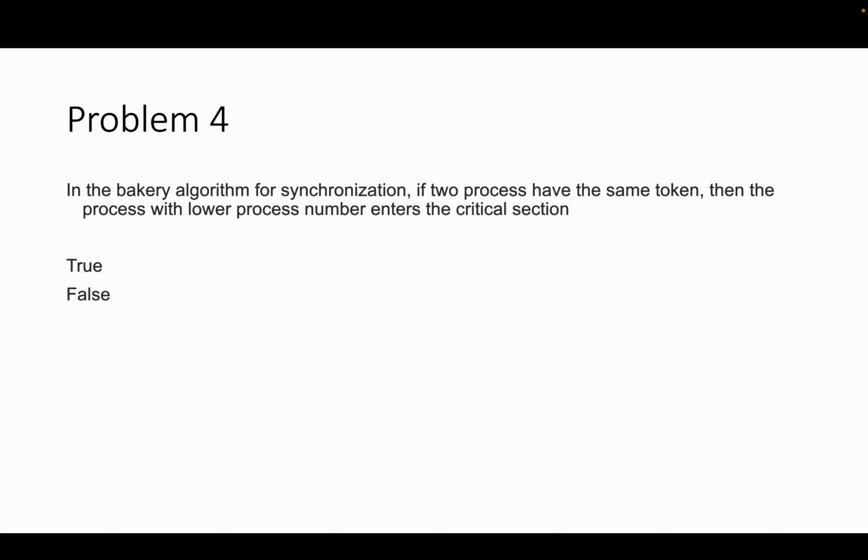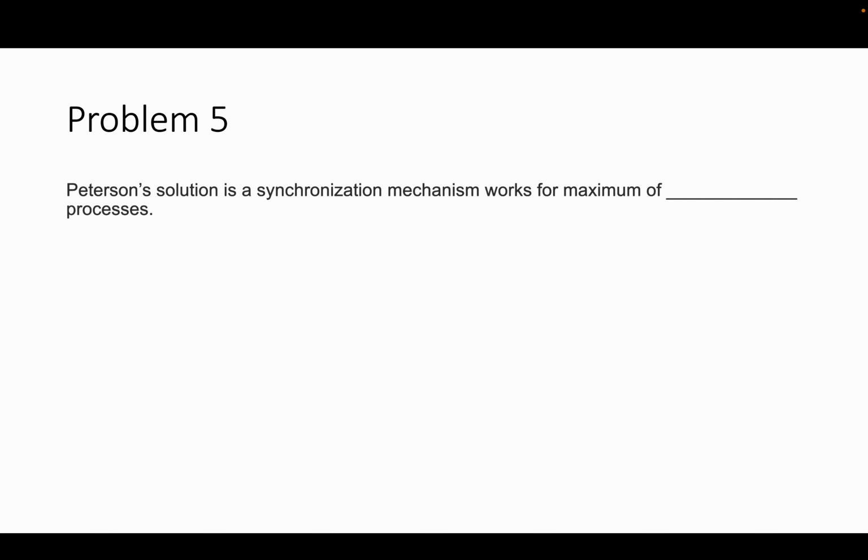Okay. Then the next problem here is: Peterson's solution is a synchronization mechanism which works for a maximum of dash processes. So if you've read the Peterson solution, the question is asking how many processes the Peterson solution works for.